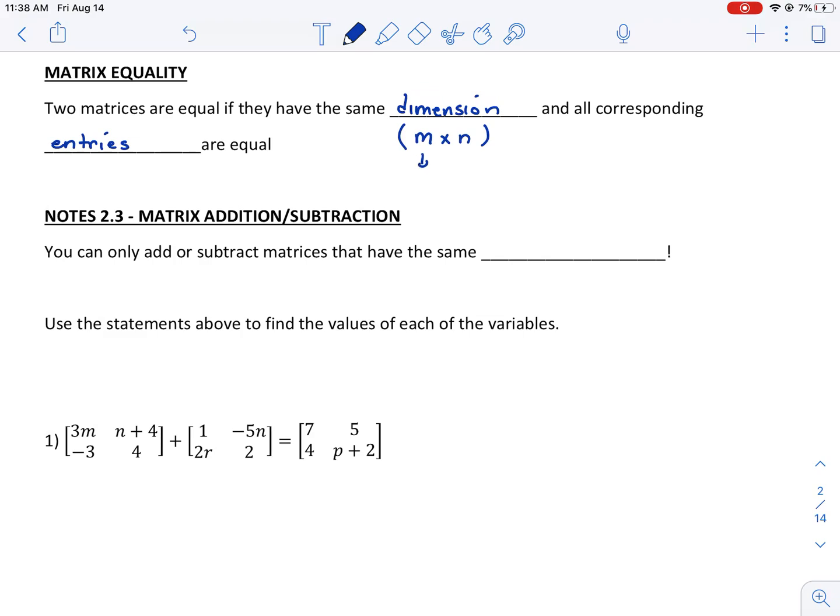We don't actually multiply those numbers together, but we're going to write it as some number times some number, where the first number is the number of rows and the second number is the number of columns. You can only add or subtract matrices that have the same dimension.